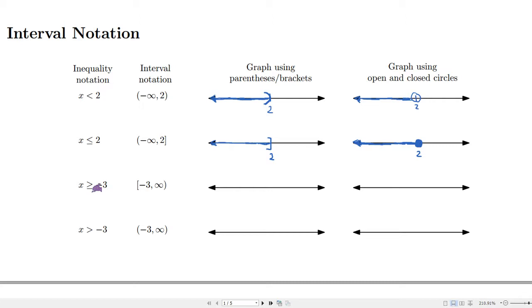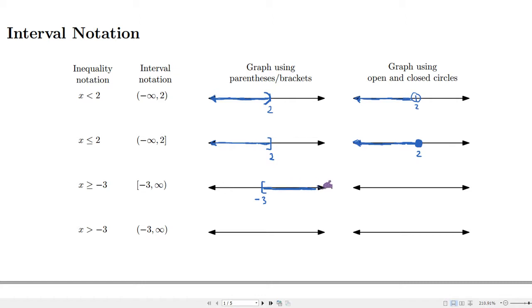Well, what if x is greater than or equal to -3? We can write down -3, and since it's greater than or equal to, we're going to have a bracket. Since we're considering x values larger than this, we're going to go from -3 to positive infinity. We'll put a parenthesis here, and then we'll fill in this region.